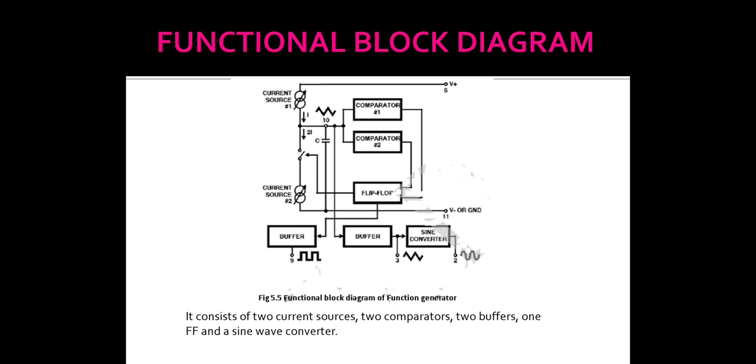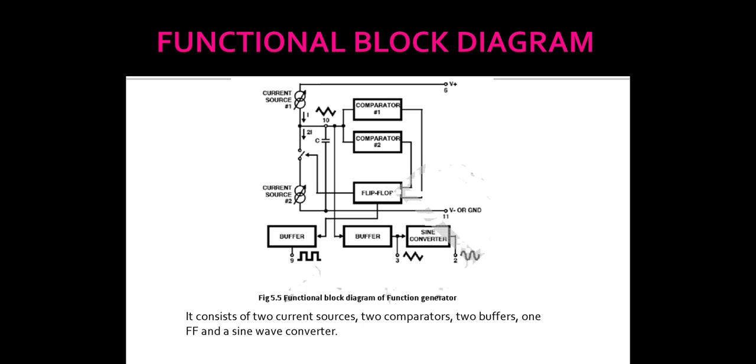By adjusting the charging and discharging time, we get the triangular waveform output. And the buffer output is given to the sine converter. This may be an integrator. So the triangular waveform is given as input to the sine converter, and it produces a sine waveform.